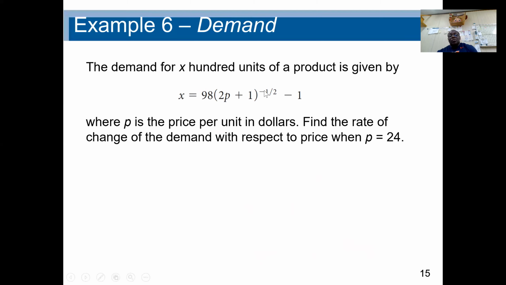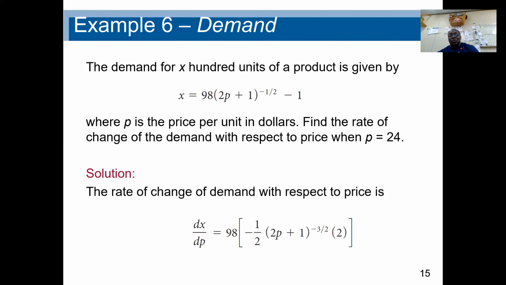We also can use the derivative with demand functions. So here they say the demand for 100 units of a product is given by this formula, where P is the price per unit in dollars. And the question says we should find the rate of change of demand with respect to price when P equals 24. So first thing we have to do again is find the derivative.